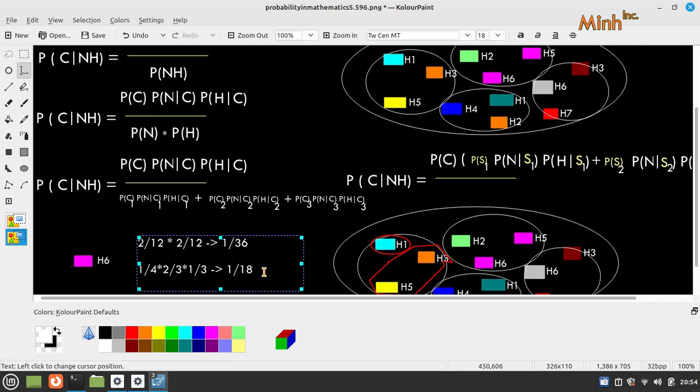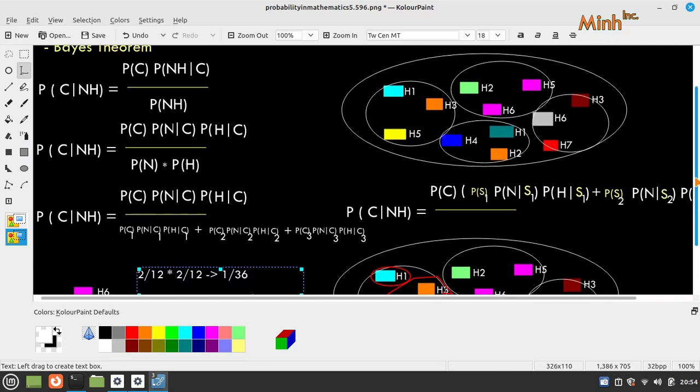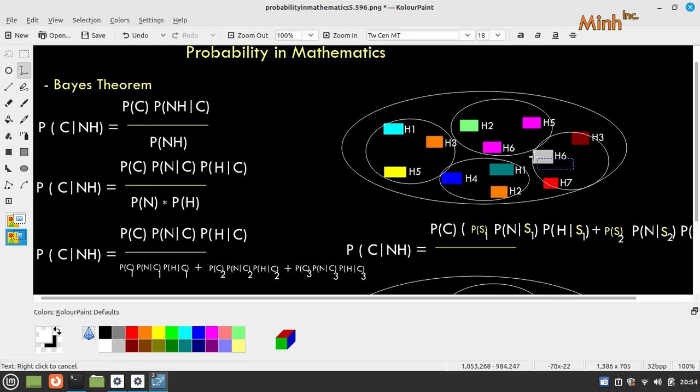Still it is better. Now think of a scenario where h6 is also inside this, or there is one more, or it is like this and like this.